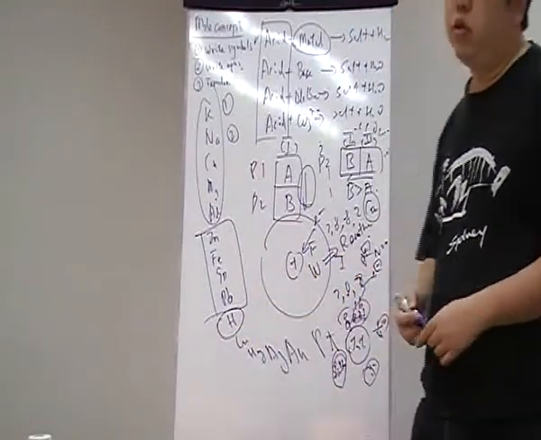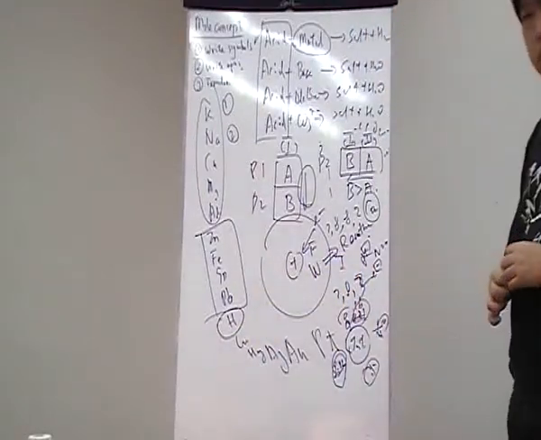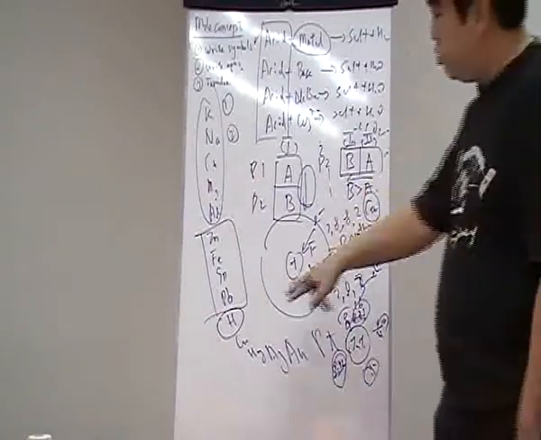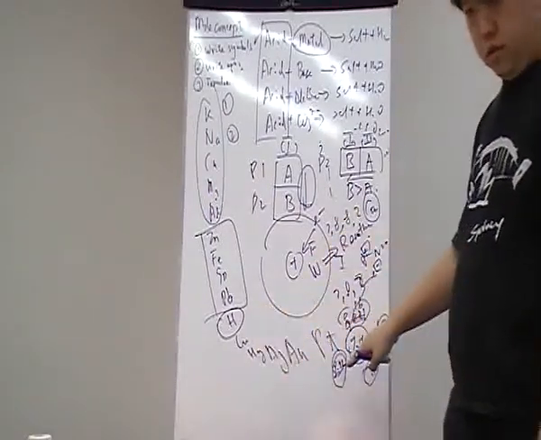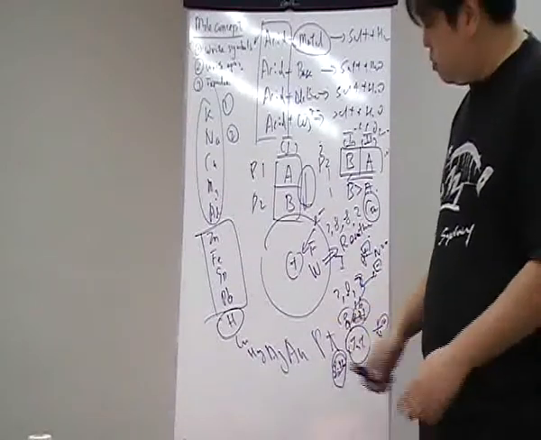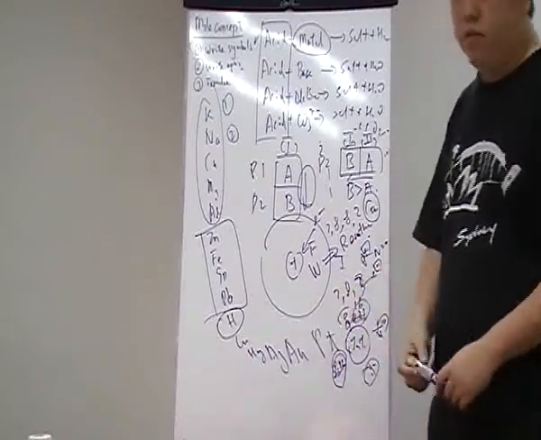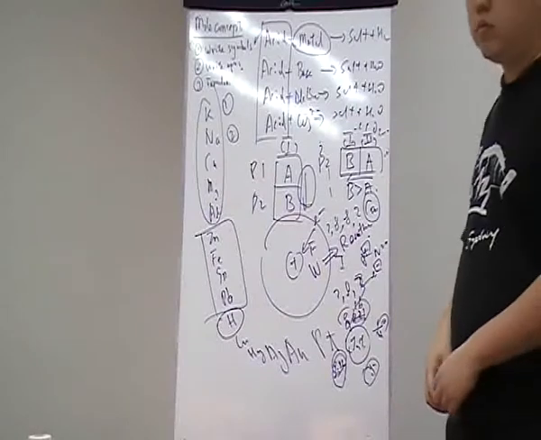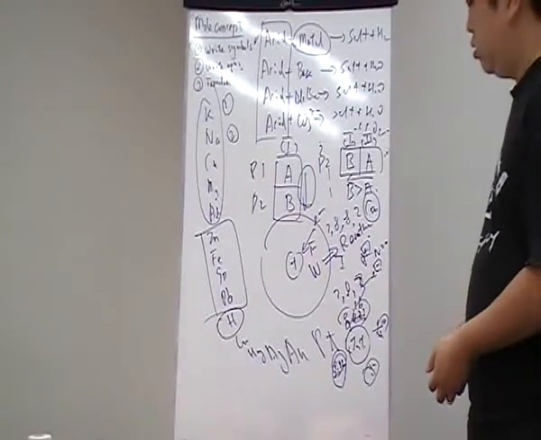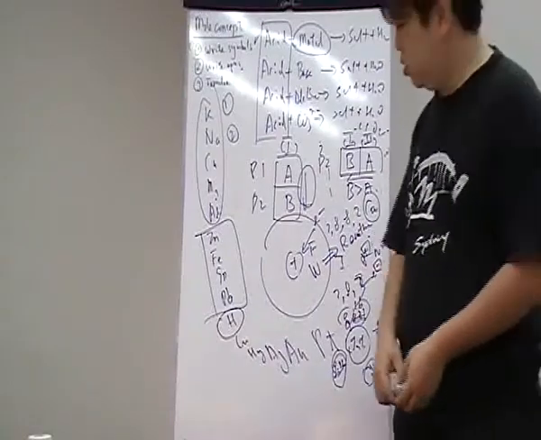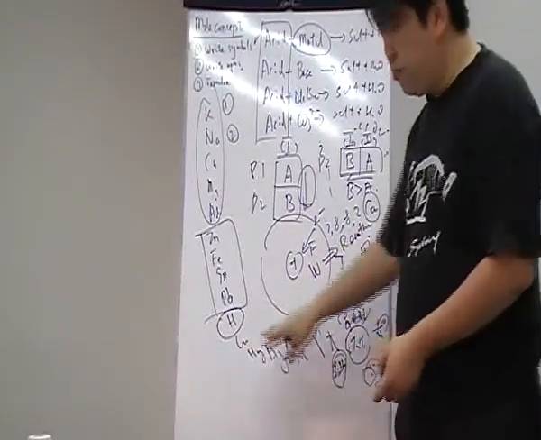It helps you for some reactions. After hydrogen, everything is about money. About money means what? Copper, mercury, silver, gold.